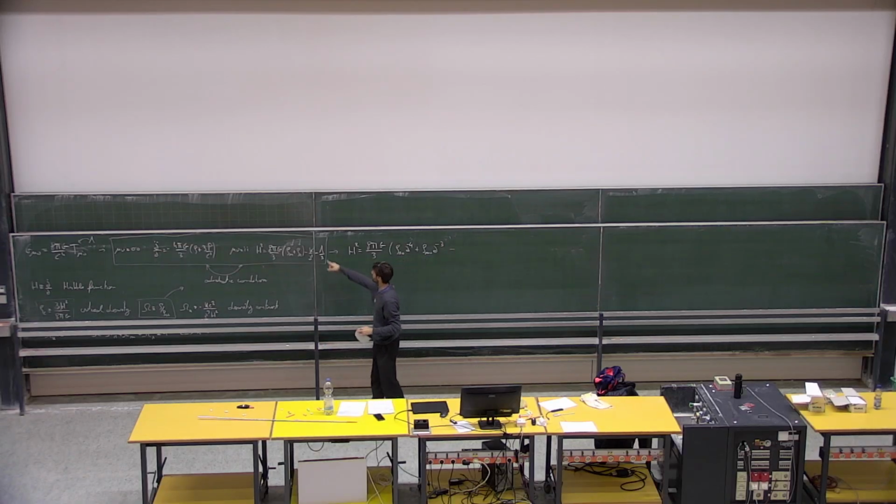And then we just have the other contributions. Then we have minus k a to the power of minus 2, and then we have a minus lambda over 3.